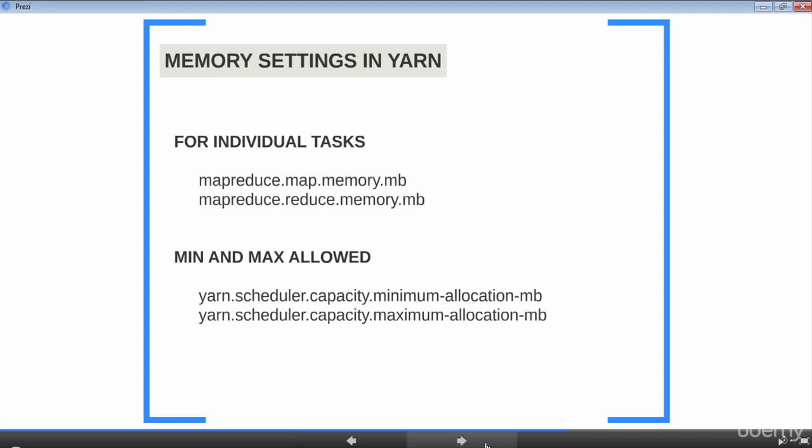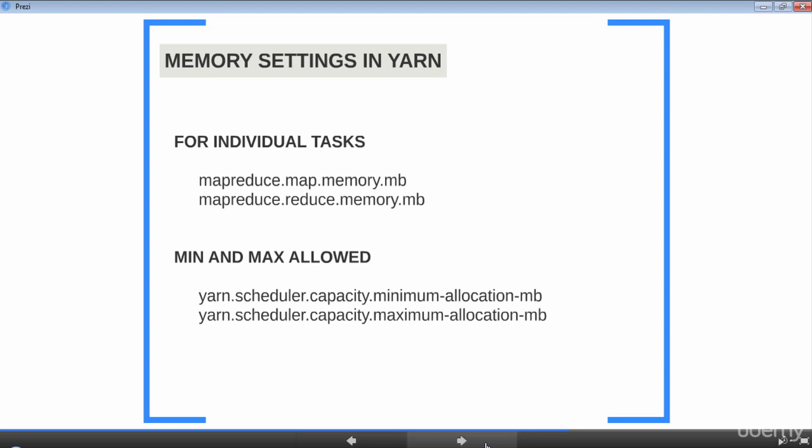Instead, as a client, you can request a specific amount of memory for your mappers and reducers at runtime. This is a huge improvement over the architecture in MRV1, where you are constrained with a predefined number of slots for mappers and reducers on a given node. Whereas with YARN, you can manage the cluster resources at the memory level.